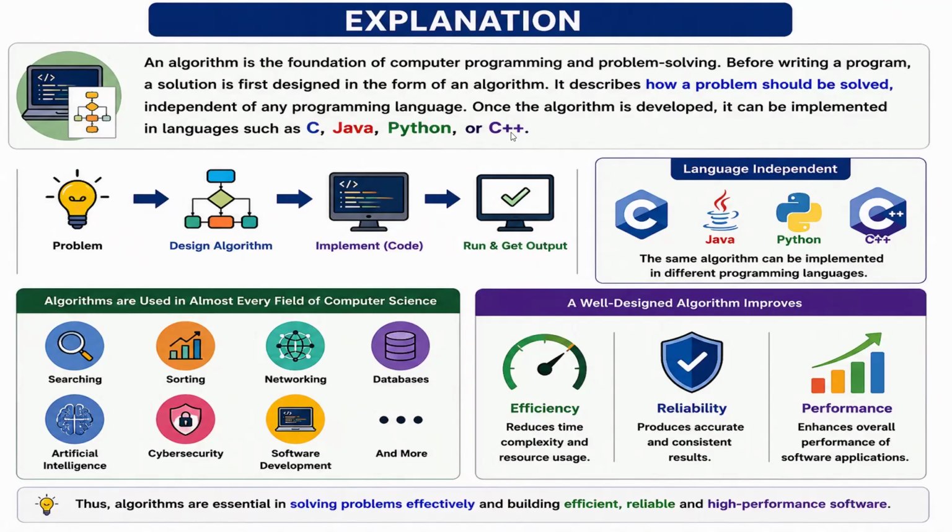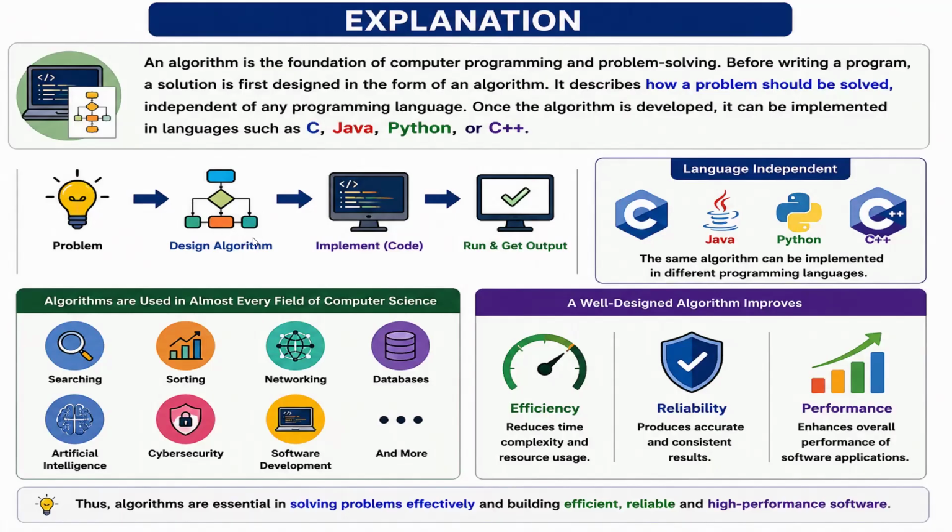If you have a look at this explanation, an algorithm is independent. It is not dependent on any programming language, so we call it language independent. For example, here you observe, this is a problem. For this problem, we are designing one solution in algorithm format, in a step-by-step procedure.